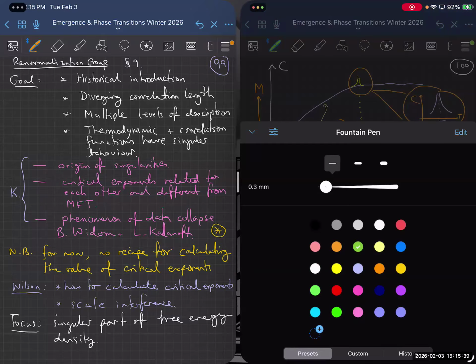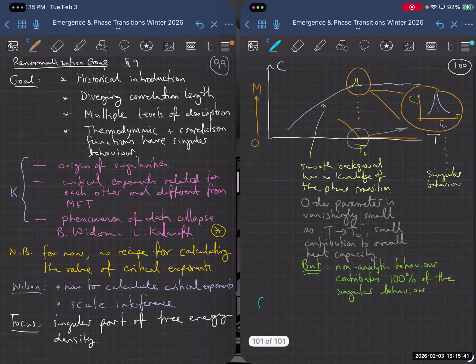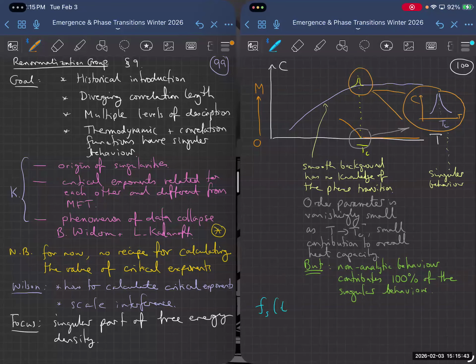So I'm going to call that the singular part of the free energy, Fs of T and H. Let me write these as capitals for now. That is going to be the singular part of the free energy. And usually I'll write this per spin, so I'll call it the free energy density, or the free energy per spin.